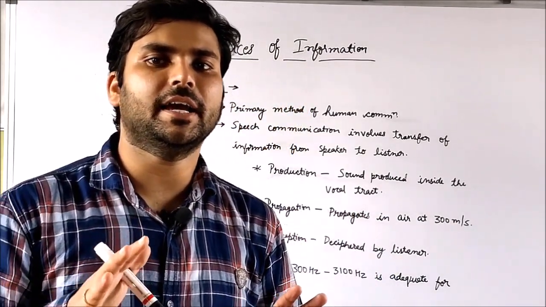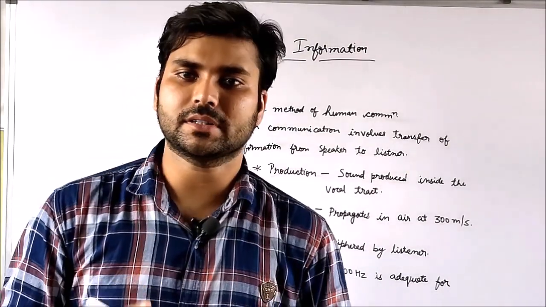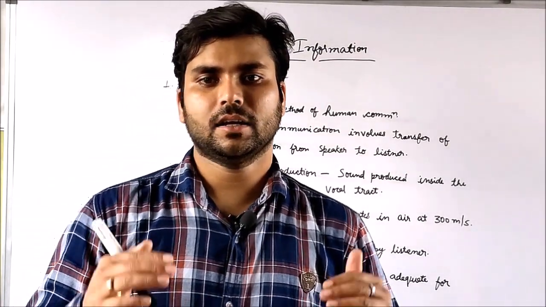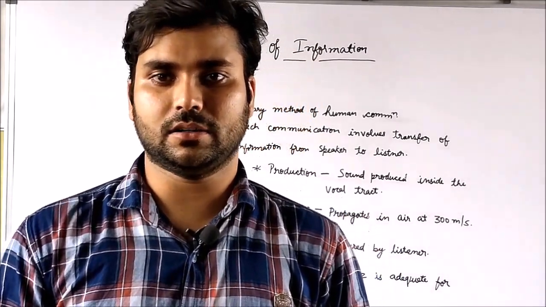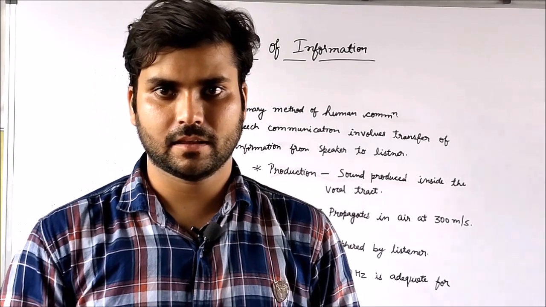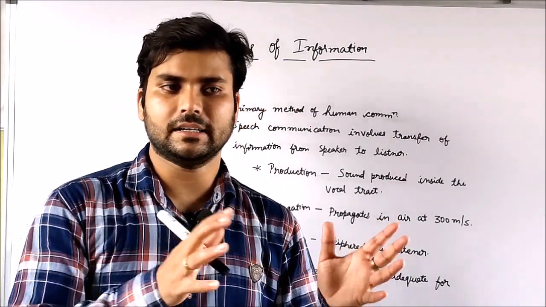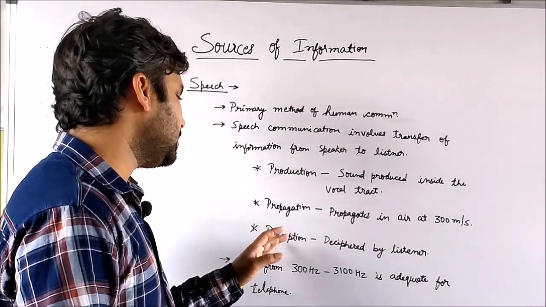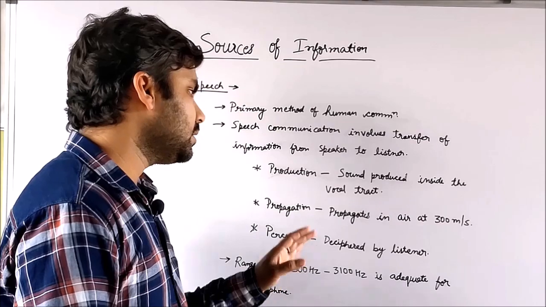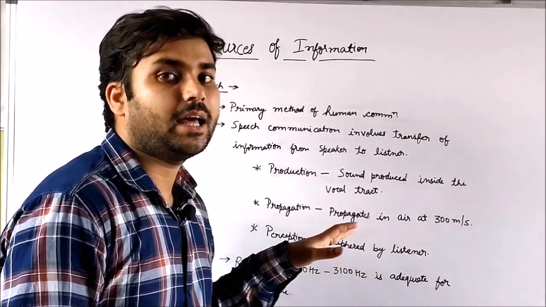That medium is air, at a speed of 300 meters per second, and passing through the medium, it is reaching the destination or the listener. So it is reaching there and they are understanding it. So here the communication process is complete. So it has 3 steps: production, propagation and perception.